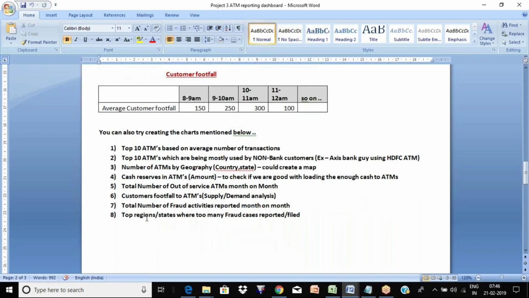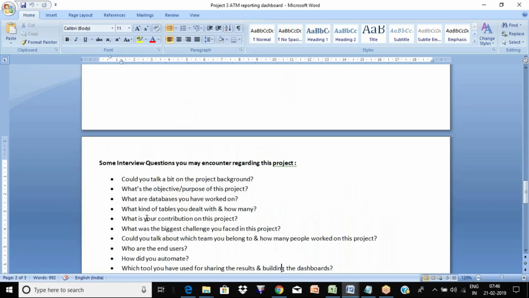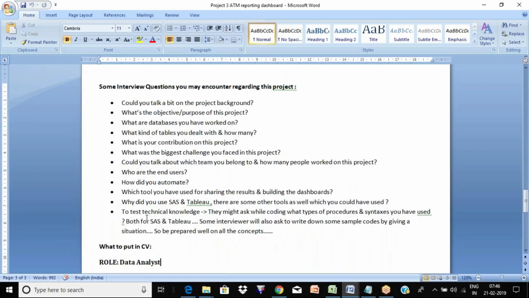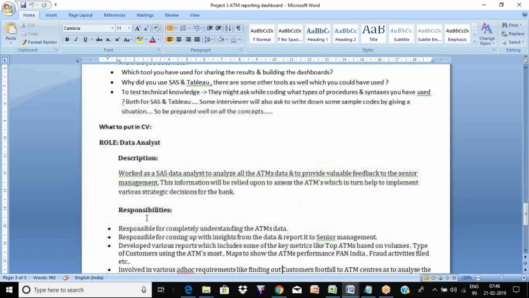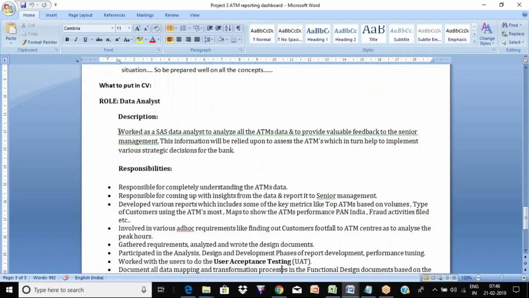So these are the different charts. So some interview questions and what to put in the CV. You worked as a data analyst, you can say that. Worked as a SAS data analyst to analyze all the ATM data and to provide valuable feedback to the senior management.